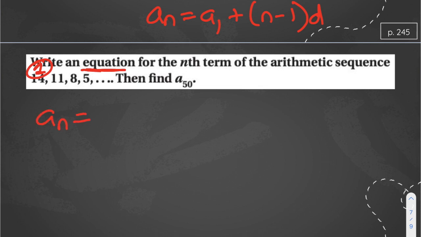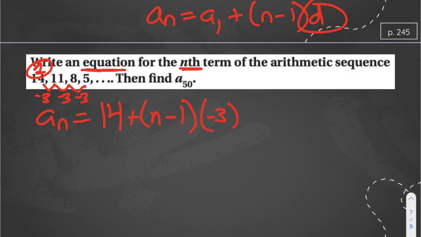So if we're filling this in, a sub n equals, this is just writing our equation, a sub 1, which is 14, plus, well, n, we don't know what term we want to find yet. We're just writing the equation, so n stays in there, n minus 1 times d, which, remember, is our common difference. So here we go. Minus 3, minus 3, minus 3. So then our common difference would be times a negative 3. So there's our equation right there.